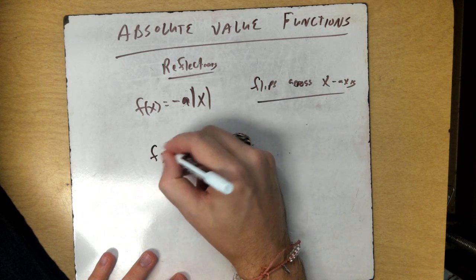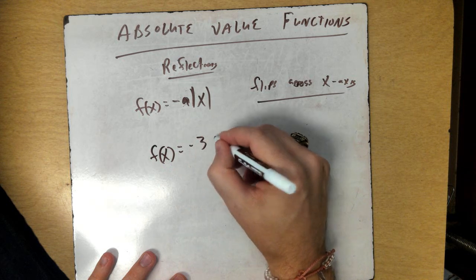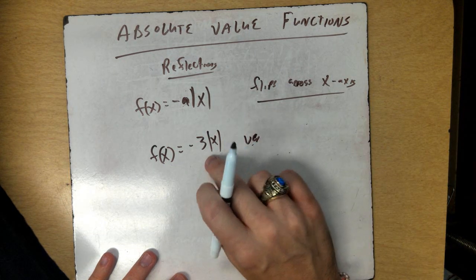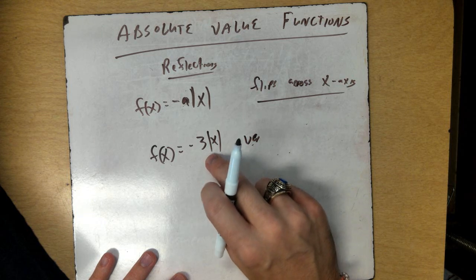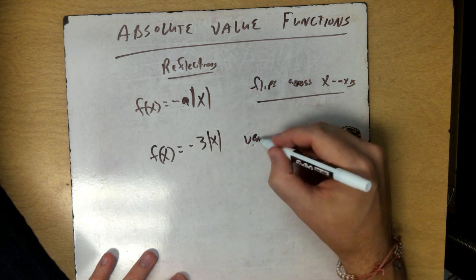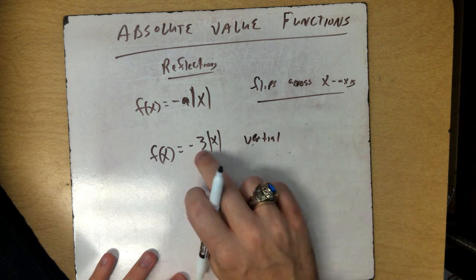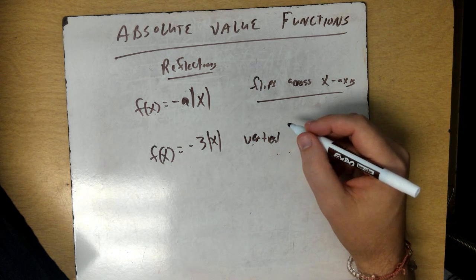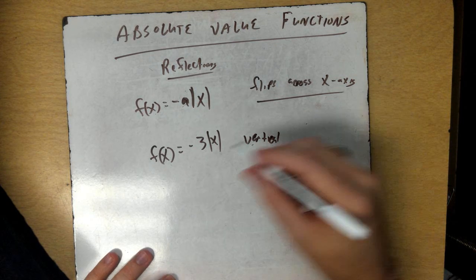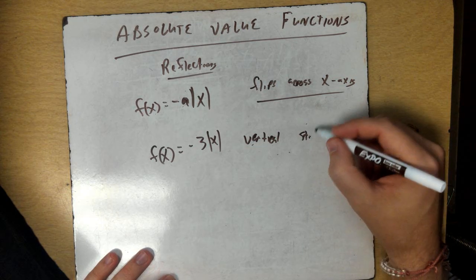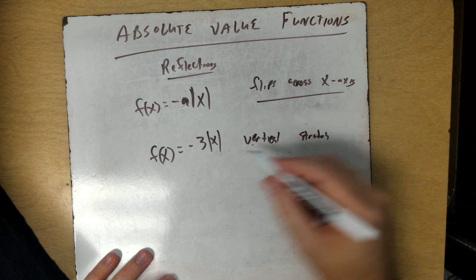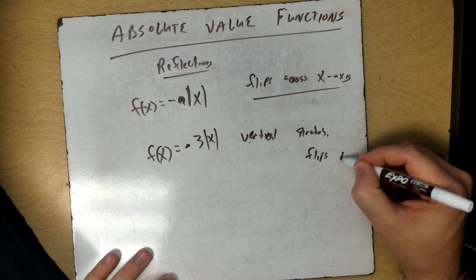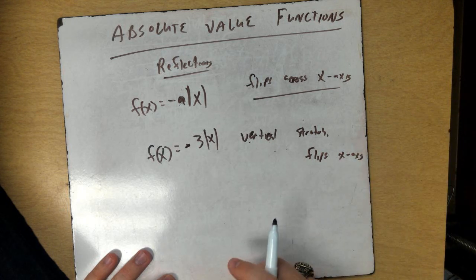And then same rules as before. So if we have this negative 3x, this is a vertical, because the x is the only thing in the lines here. Our number outside is bigger than 1, so we have a stretch, and because it's negative out front, it flips across the x-axis.